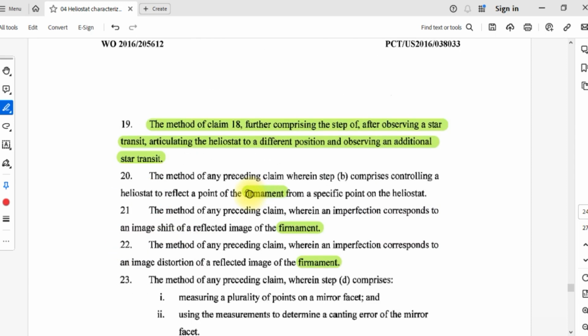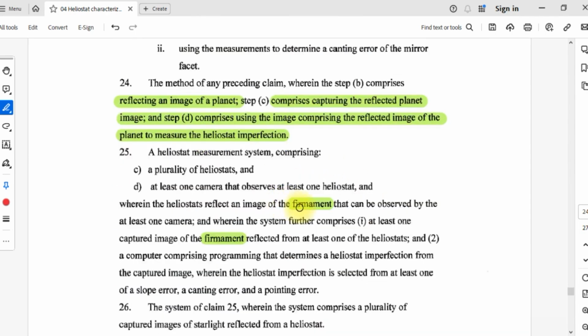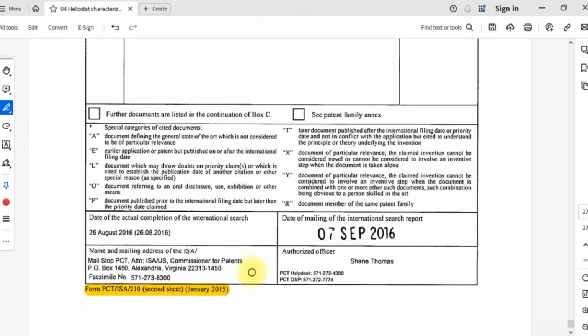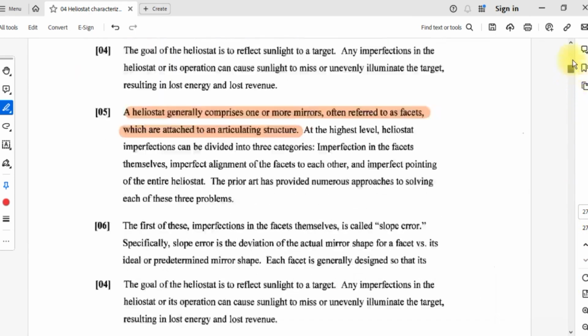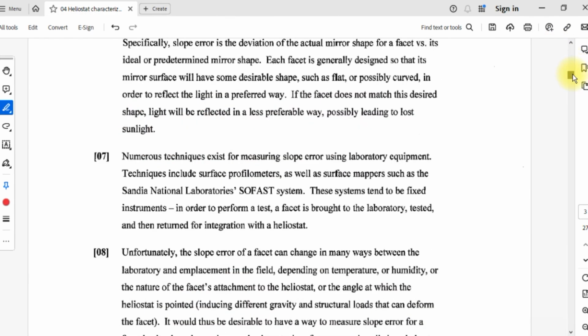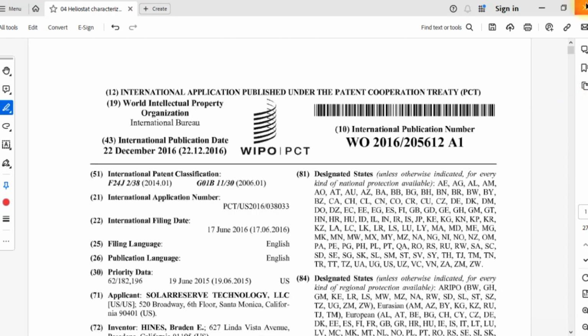So many firmament references, more firmament. This is the end of the document, and lots of firmament references. The firmament doesn't exist. I mean, I should have counted, but there are dozens, more than 20 firmament references here. Let's move on to another one.